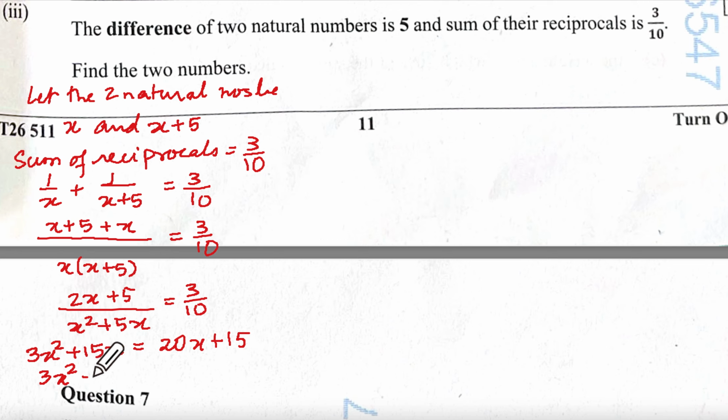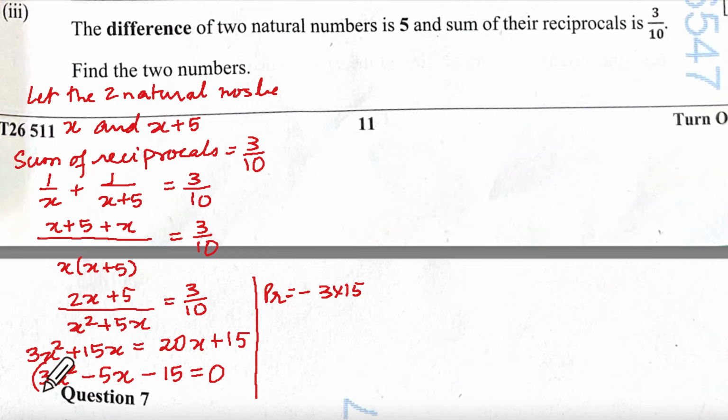So 3x squared plus 15 minus 20 is minus 5x minus 15 equal to 0 is our quadratic equation. The product will be minus 3 into 15. Don't forget to use this in the product. Minus means you'll get a difference equal to minus 5.